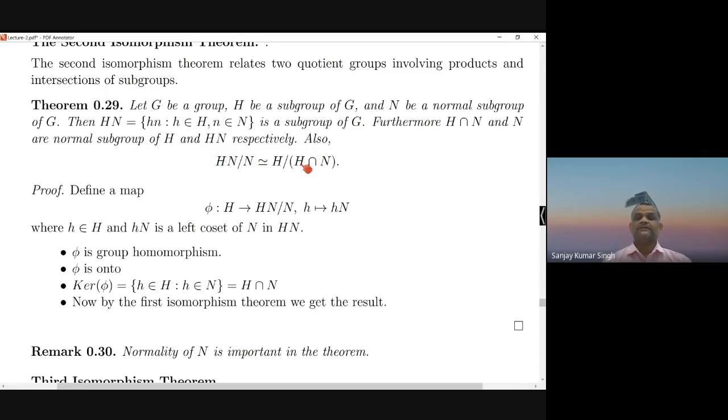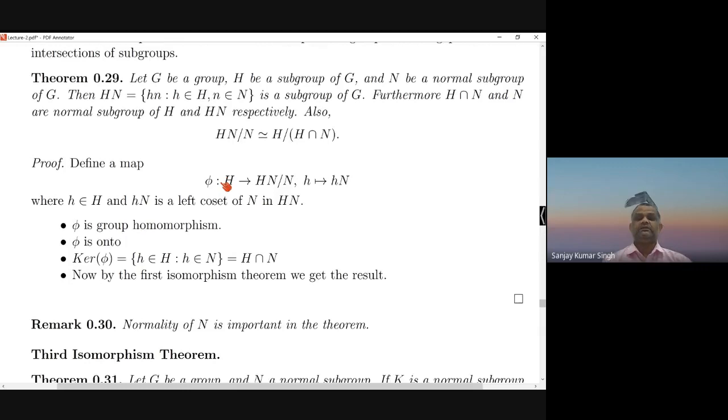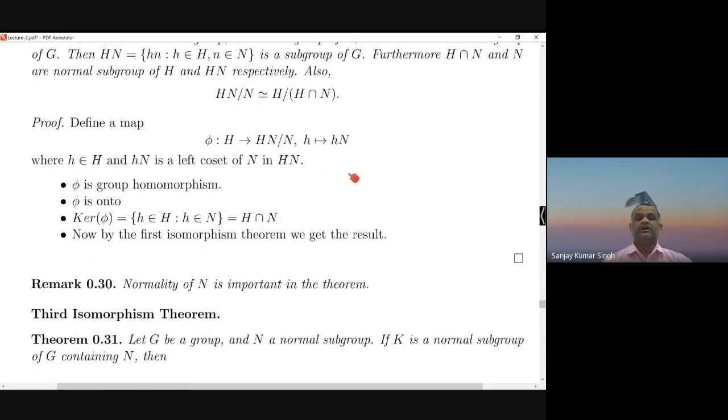Why? Because we can prove that H intersection N is normal in H, so the quotient is well defined. And then again, since N is normal in HN, this quotient is also well defined. So all this makes sense, and we have a nice isomorphism. And again, it is not very difficult to prove.